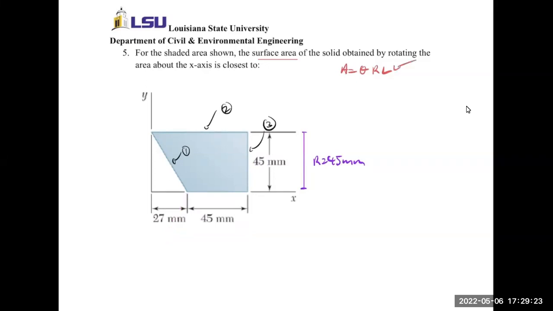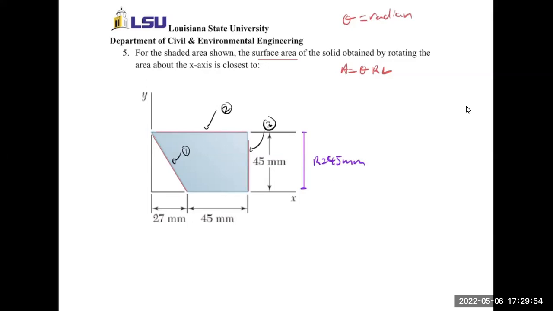And then the L is basically just the length of the surface area. So for 1, this will be the length. For 2, this will be its length. And for 3, this will be its length. Okay, so let's write that. Oh, and another thing, angle theta. This theta is in radians.